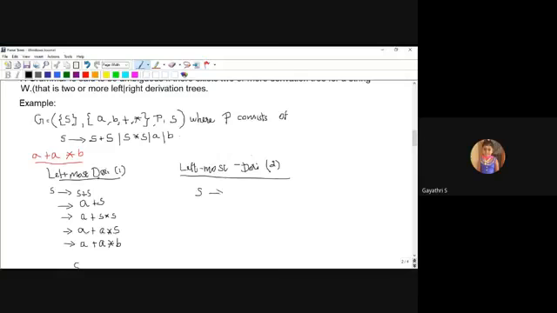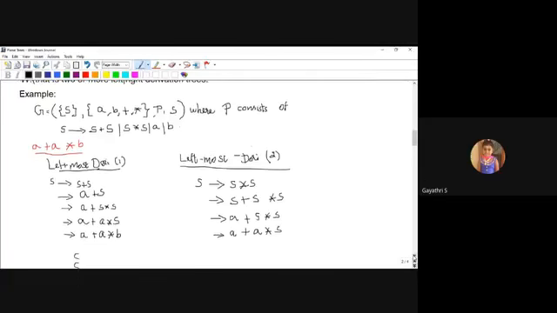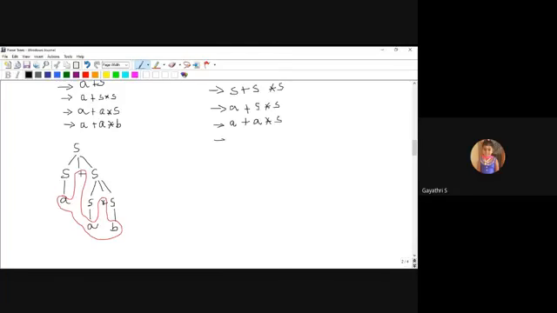For this, I will choose S multiplying with S. Again, which is leftmost, so S plus S is replaced by S multiplying with S. Then this S is replaced by A plus S multiplying with S. And this S is replaced by A. Okay, for this S I will replace B.